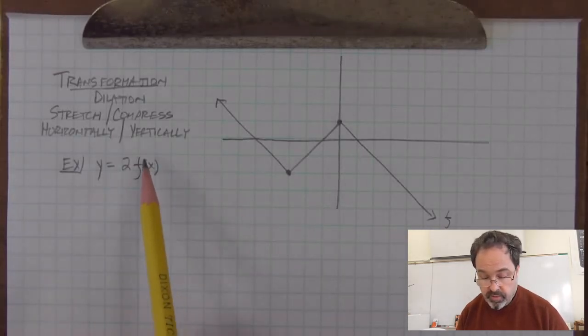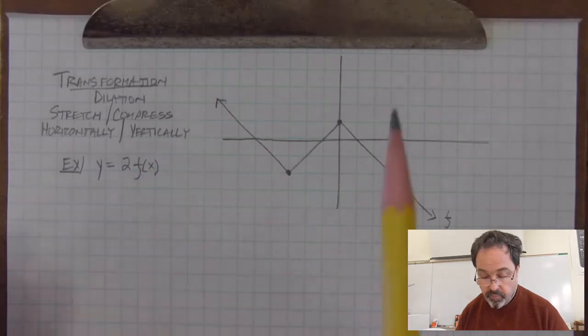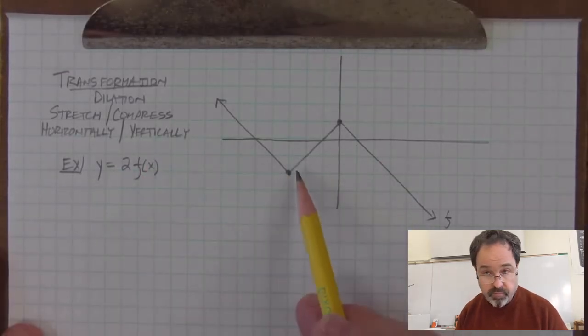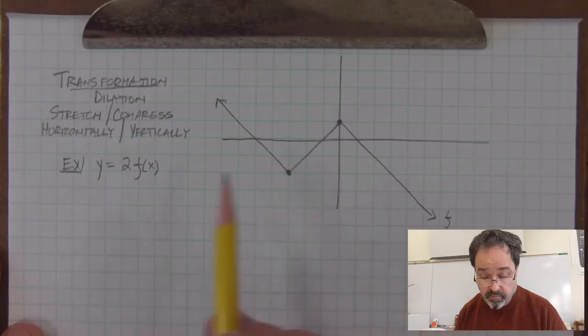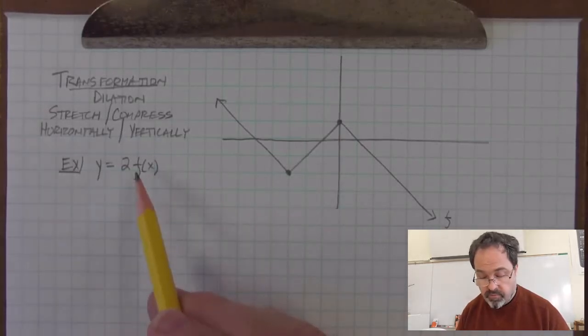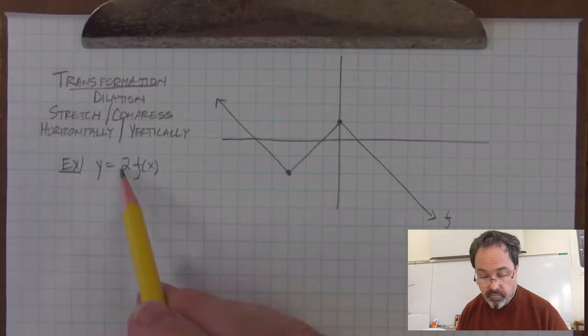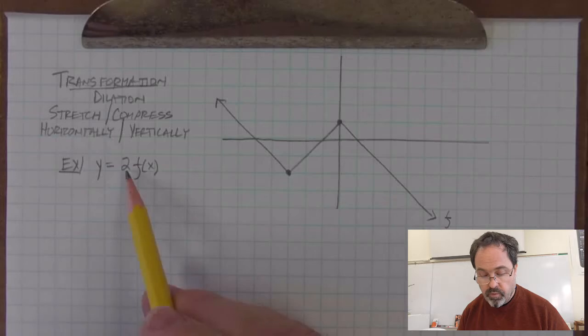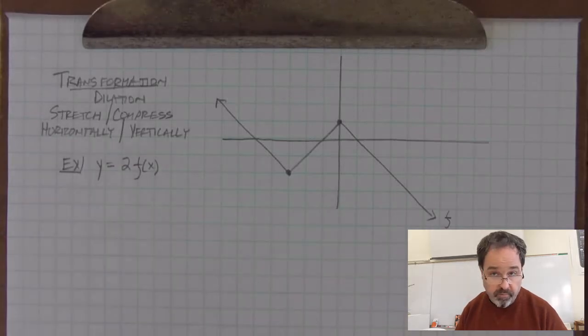We don't know what the f function is, we don't have an equation for it, but we're going to dilate or transform the graph to see what the effect of multiplying by 2 is. Now we can describe the effect of multiplying by 2 if we group the 2 with the variable or the axis that it affects. It might be a little bit more helpful.